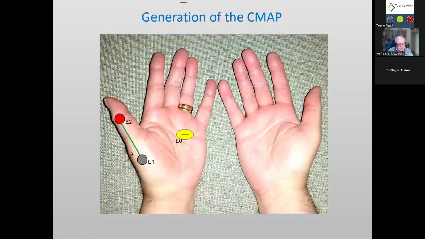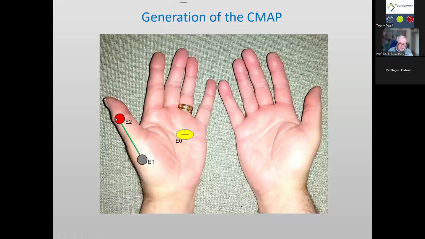Namely, what you do in your routine is to record from the muscle and from a reference. We call that electrode 1, electrode 2. And the reference should not be at the tendon of the muscle. In all literature, we saw belly tendon.